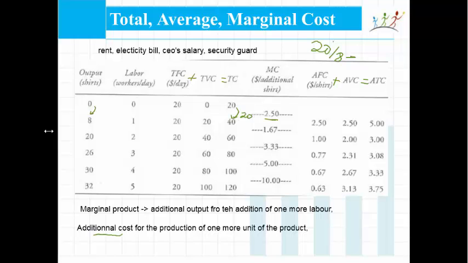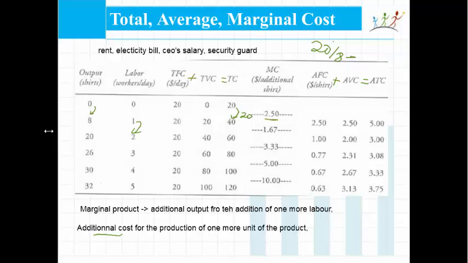So let's increase the output. If labor increases by one more unit, what would the output increase to? Output would increase from 8 units to 20 units, or the marginal product would be 12 units.